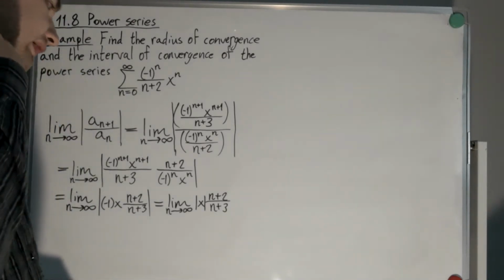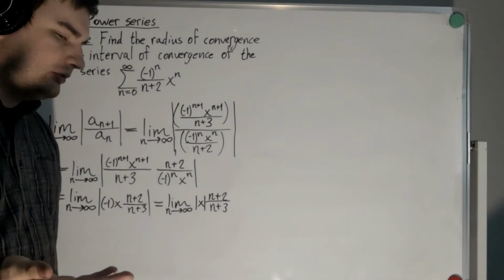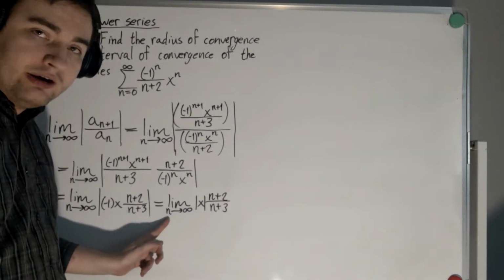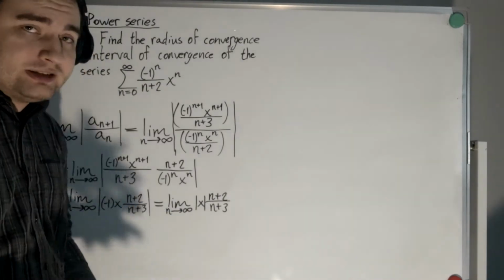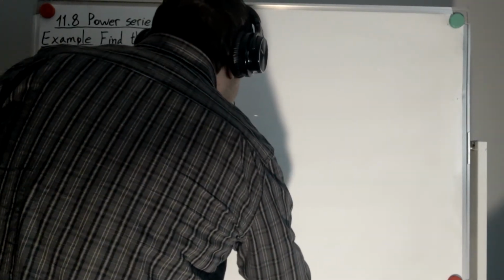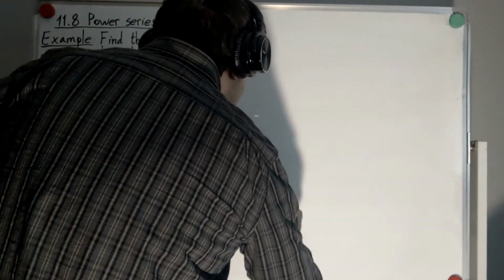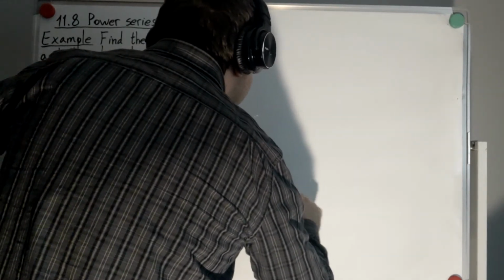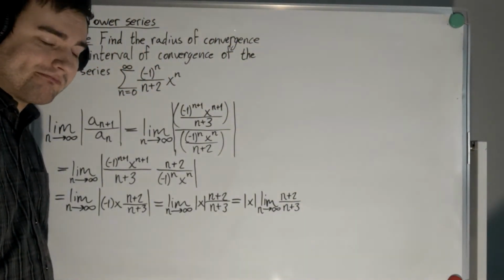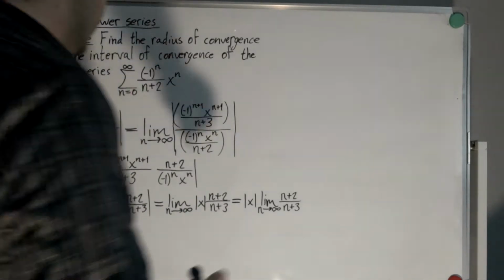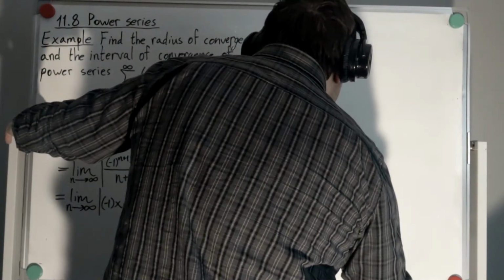Now, x is, well, you wouldn't say it's a constant for the power series, but it is a constant with respect to n. It doesn't depend on n, so you can pull it out of the limit. So this is the absolute value of x times the limit as n approaches infinity of n plus 2 divided by n plus 3. That limit is just 1, so this turns out to be the absolute value of x.